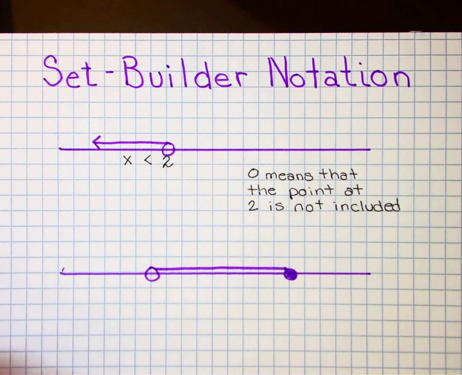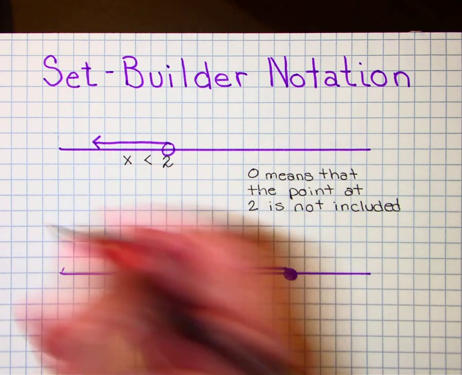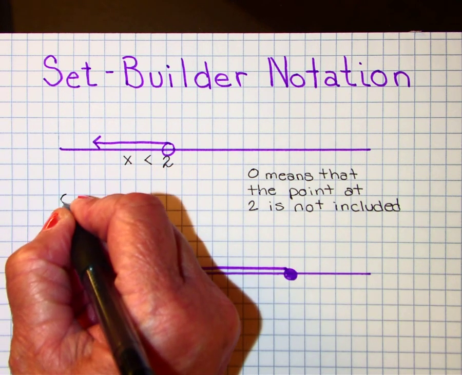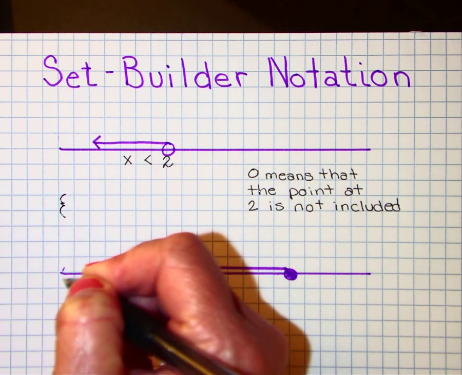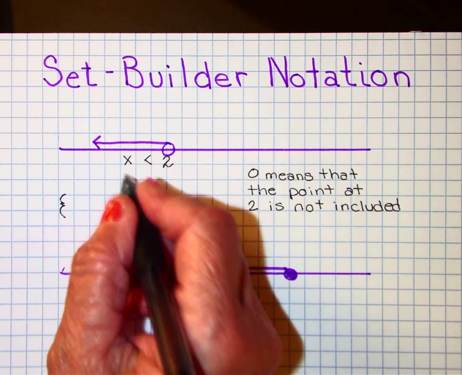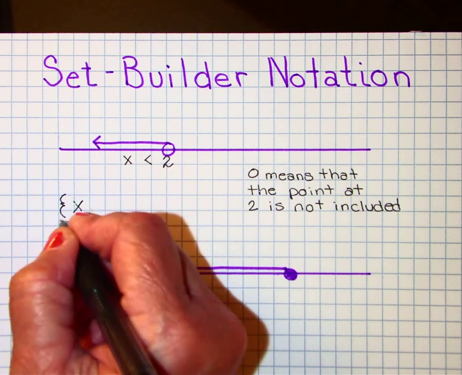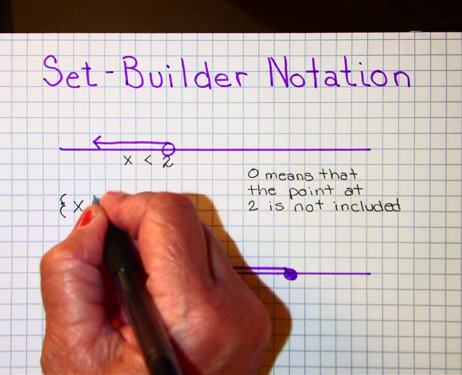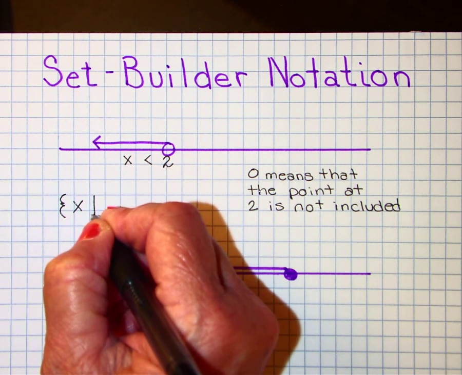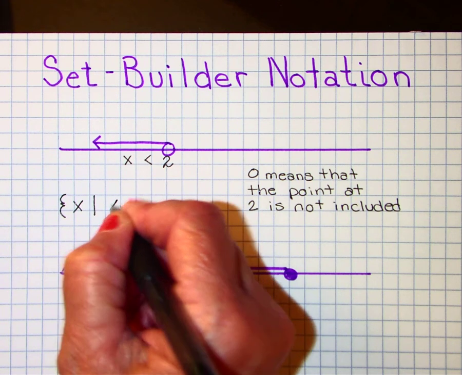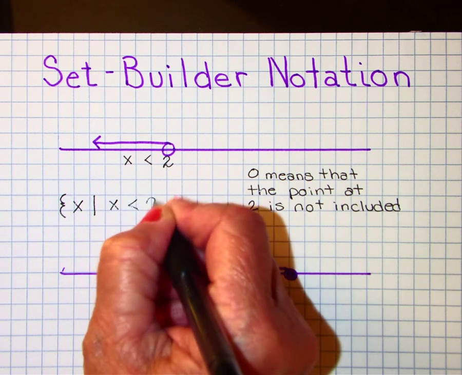Now to write set builder notation, we use the set braces, and they look like this. They're a little curly ones. And then we start off with whatever variable we're defining. What we're saying is the set of X, and there'll be a line. That line stands for such that X is less than 2.